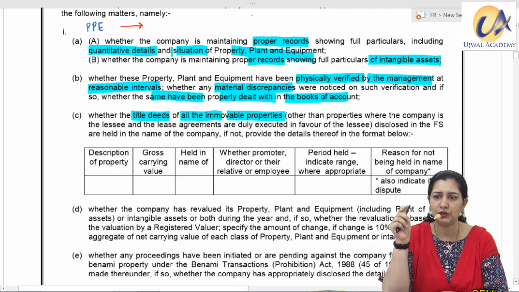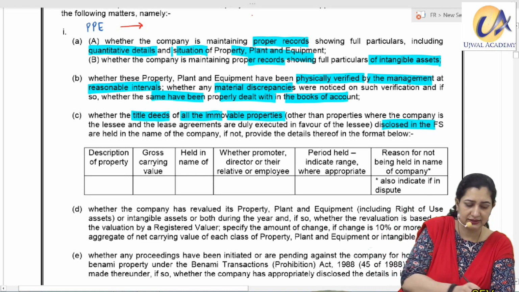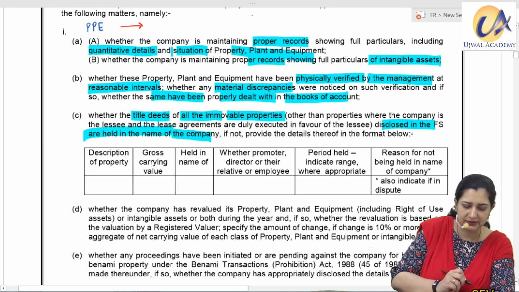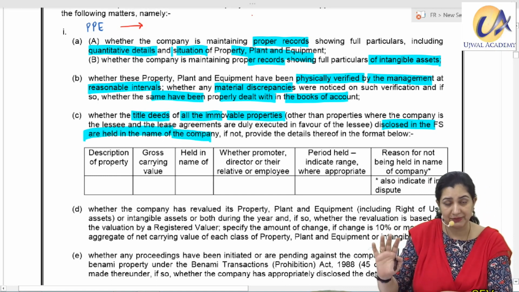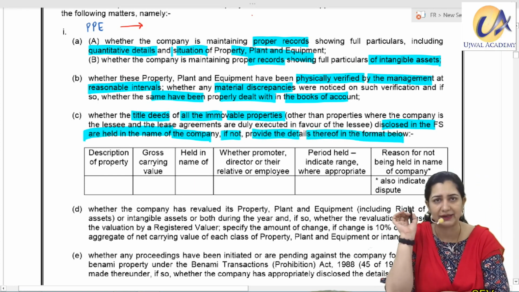But if any of the title deeds are not in the name of the company, give the details in the following format.